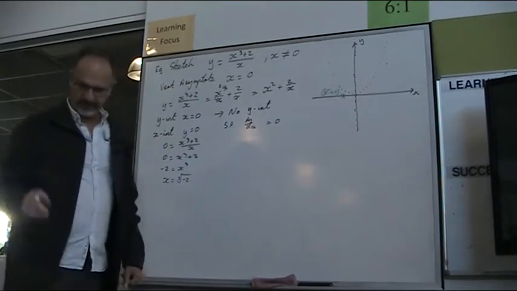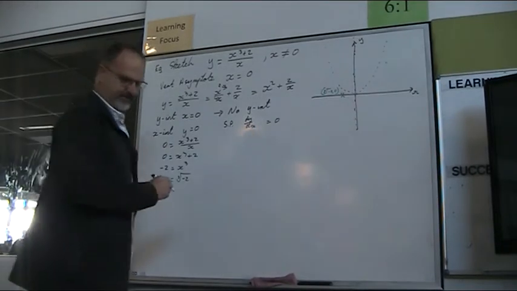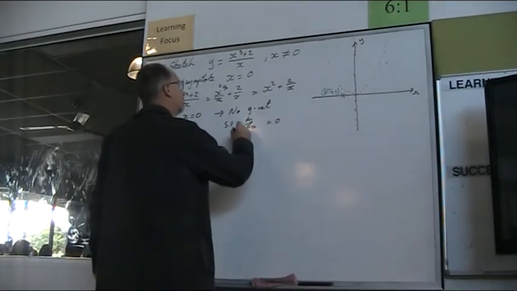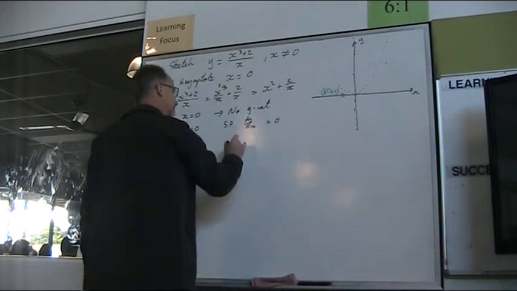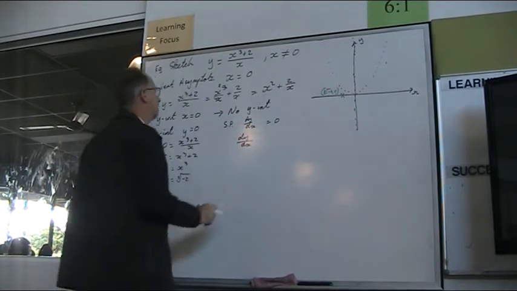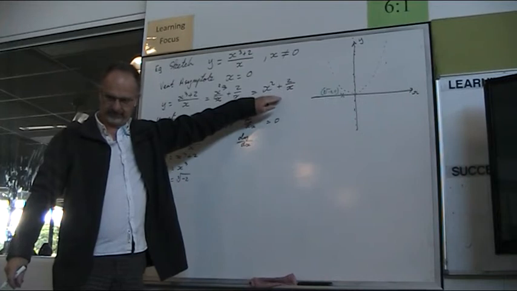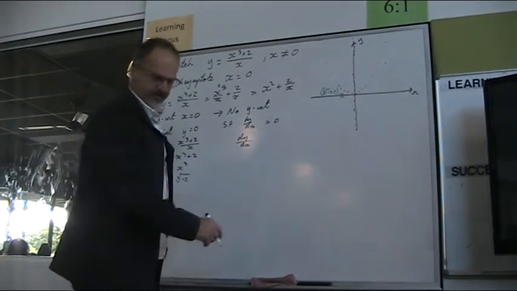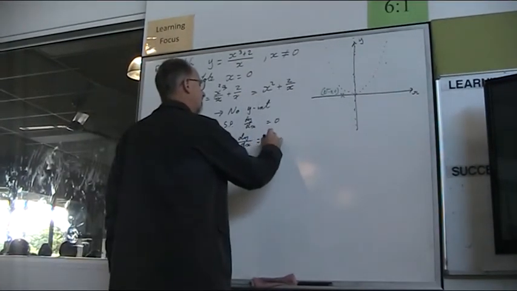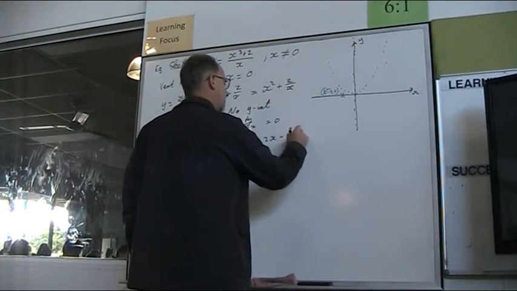And because I've prepared one earlier, the derivative of this, if you use this version, you find that the derivative is 2x minus 2 on x squared.